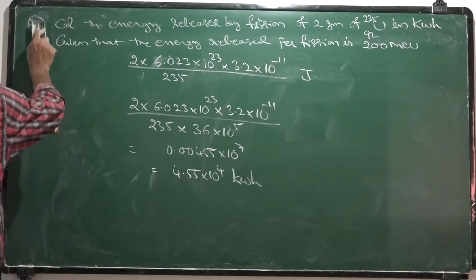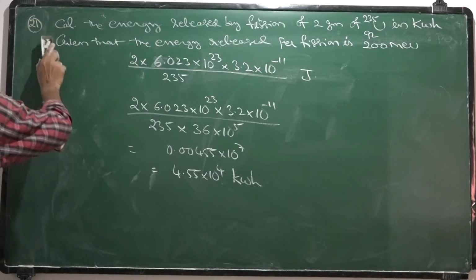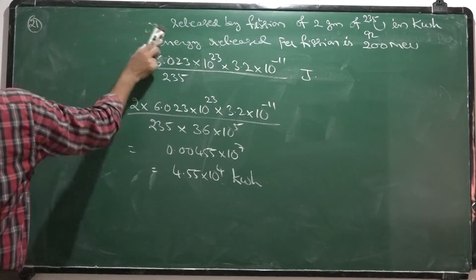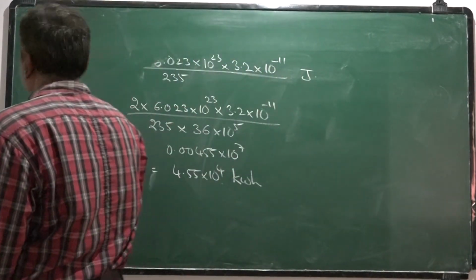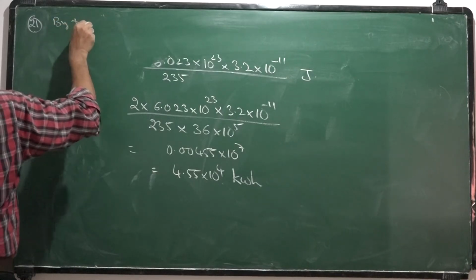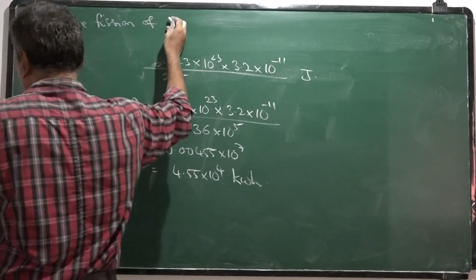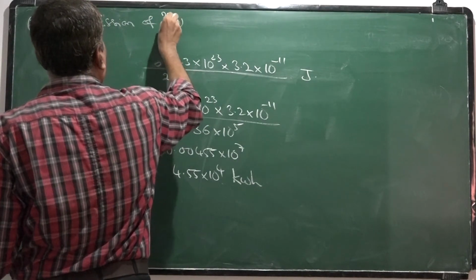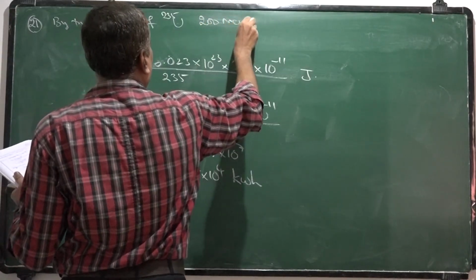So last but one, 21 and 22. By the fission of U-235, 200 MeV energy is released.